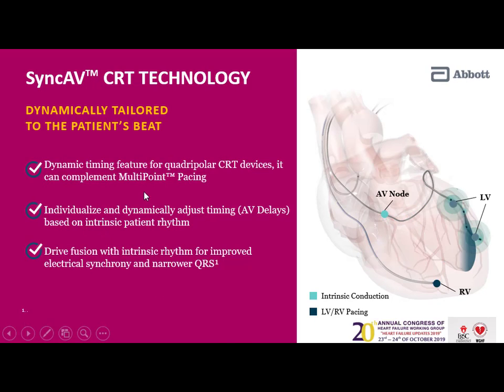In this dynamic timing of the quadrupolar CRT device, in this multi-point pacing, individualize the dynamic adjustment of the AV delay. This is automatic, done by the machine, based on the intrinsic patient rhythm. This will help also for patients who have short AV delay or fast AV conduction. Sometimes you make it shorter and shorter, and the patient exercises, then the CRT is not effective.